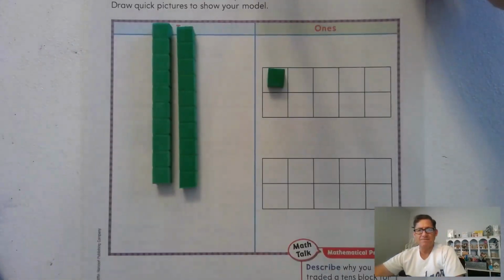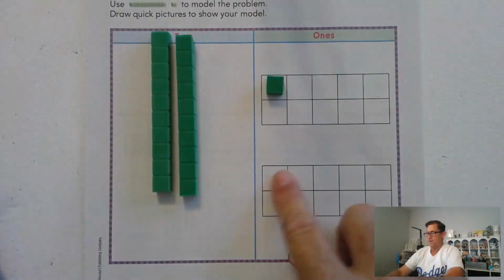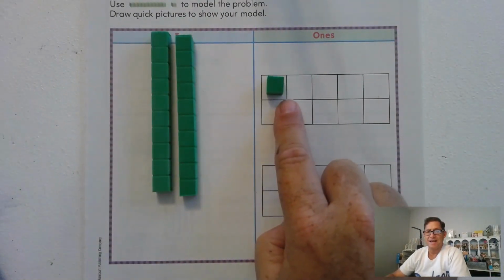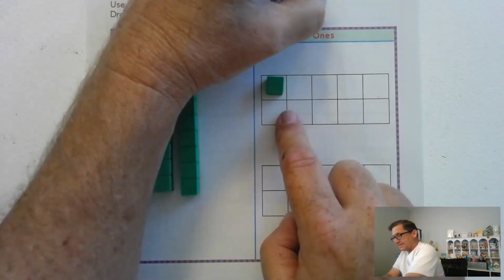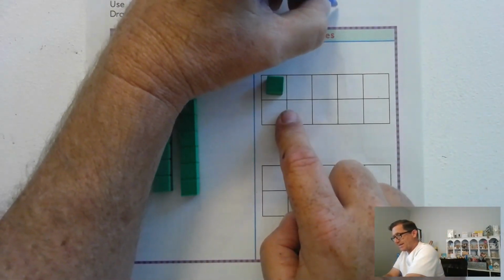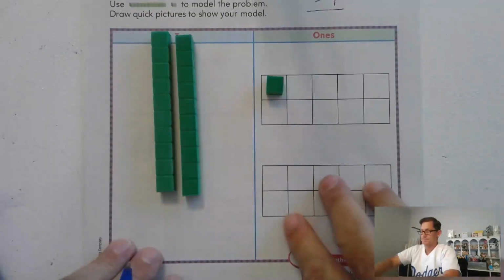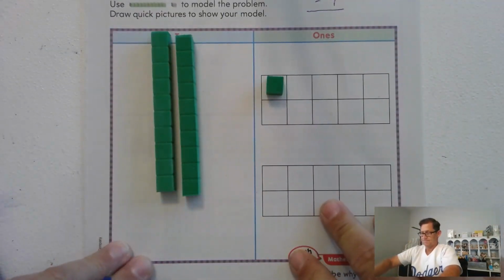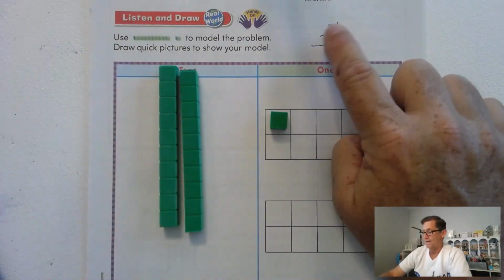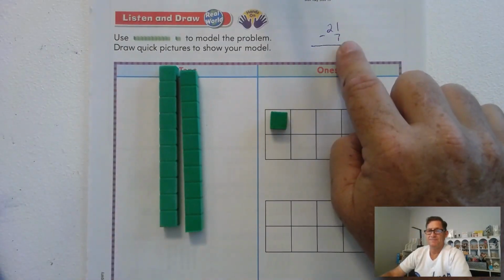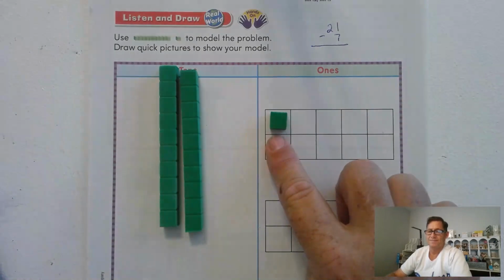Now it says 7 flew away. Well, okay, that means I have to take away 7 ones because the problem looks like this: 21 minus 7. Okay, 1 take away 7. Well, there's only 1.